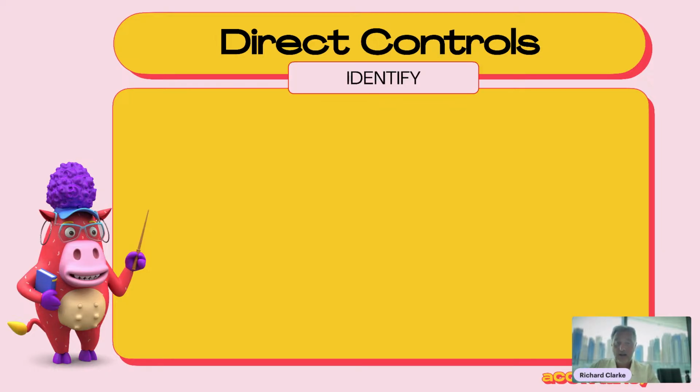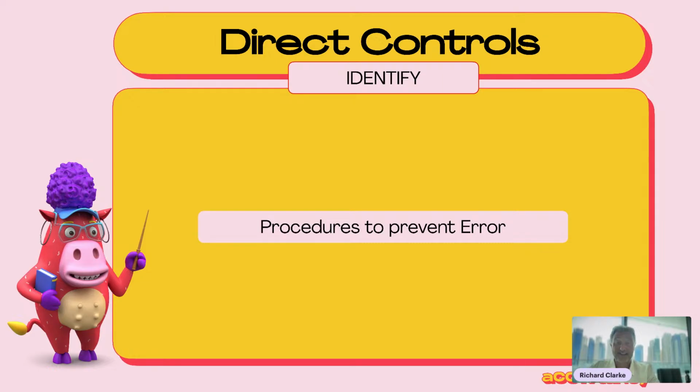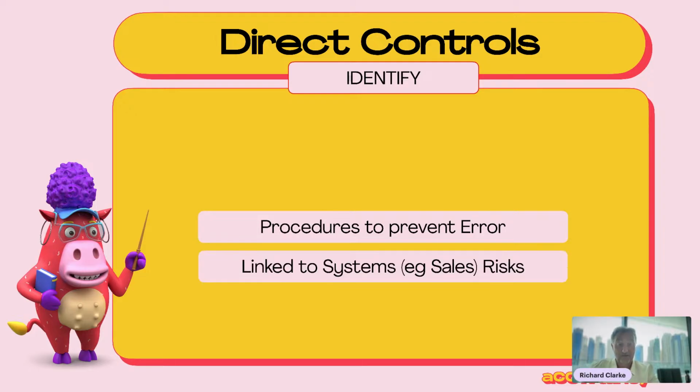Okay, let us begin. So, direct controls. In this question, what we're going to have to do first of all is identify the controls. And to identify a control, it's really easy. You basically copy it from the scenario. So a really easy mark. But just to explain what it is, it's a procedure that prevents errors. And that error is part of a system.